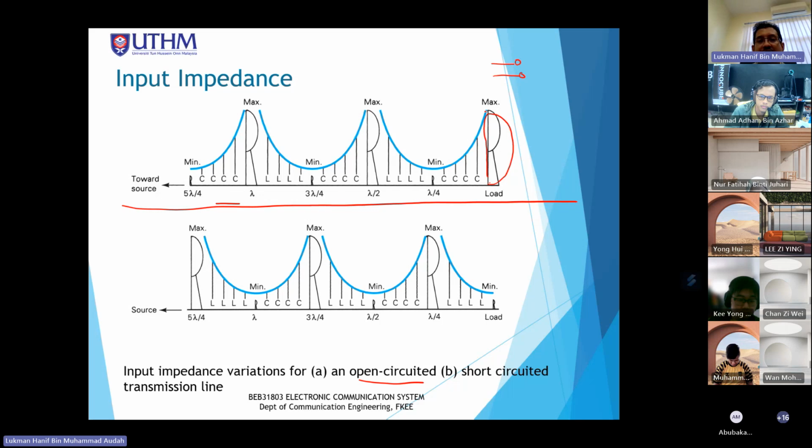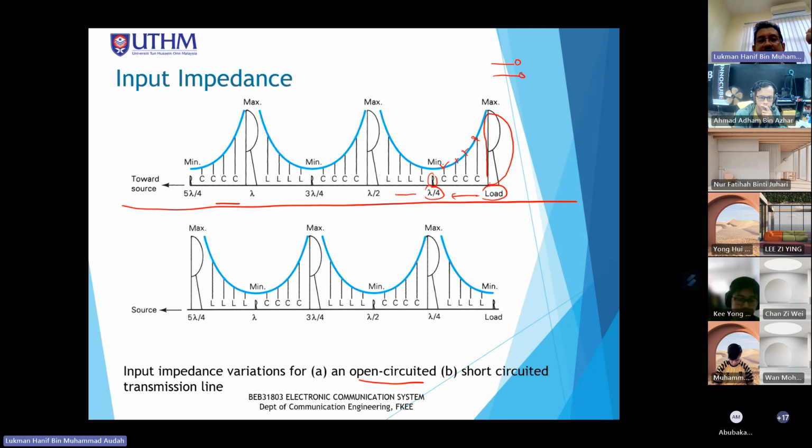As we move from the load towards the source, you're going to see that the input impedance at different points behaves in terms of capacitance. It becomes more capacitive; the capacitance would be dominant. And then at lambda over 4, the input impedance behaves like a resistance with a minimum value.